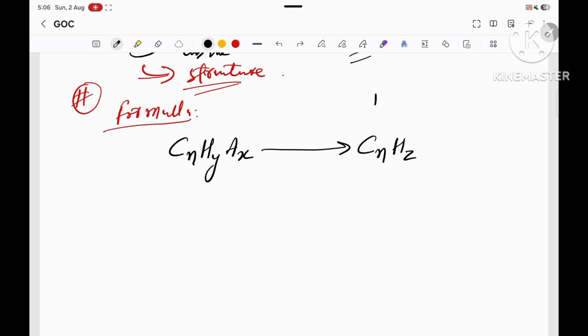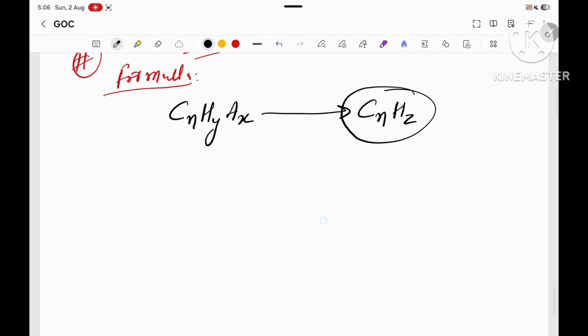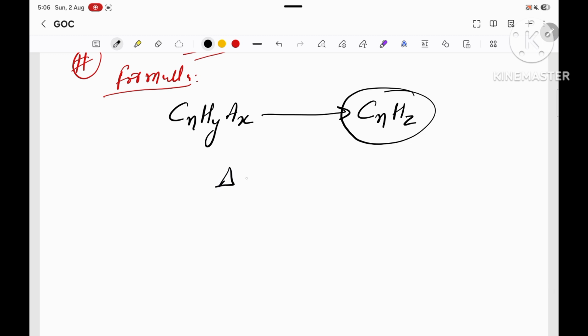Now we will check it here on the basis of formula. We write how many hydrogen atoms are needed there. We write it as 2n plus 2 minus z.